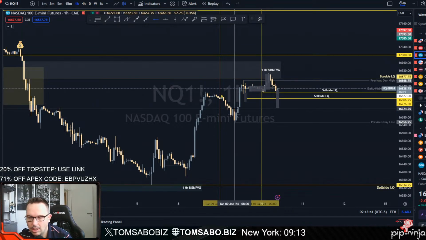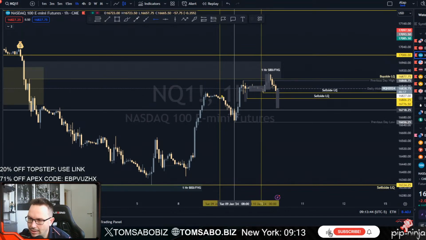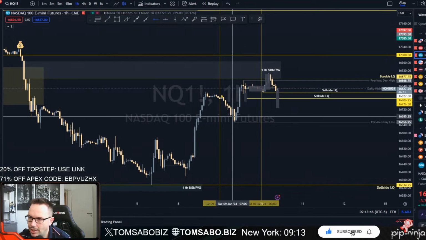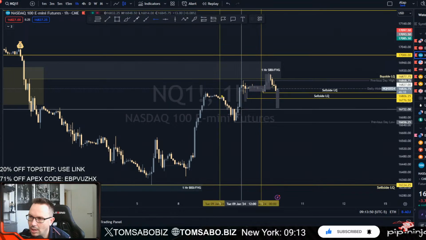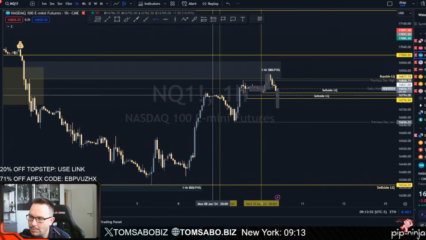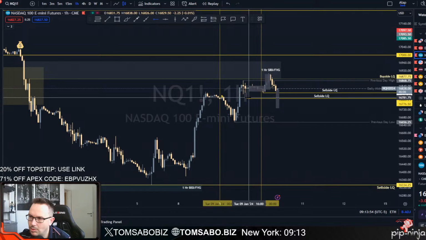Also, if we look at this candle right here from yesterday, a down close candle, then up close candles, changing structure multiple times up here. 1, 2, 3 times changing structure.